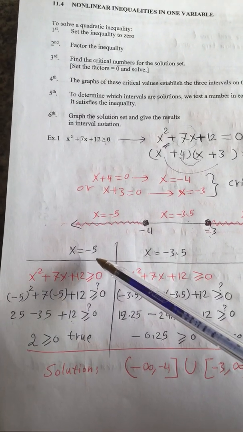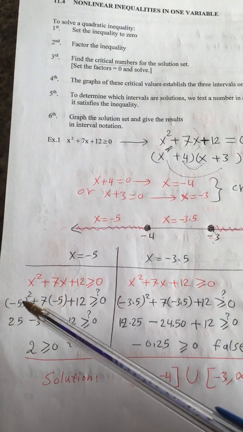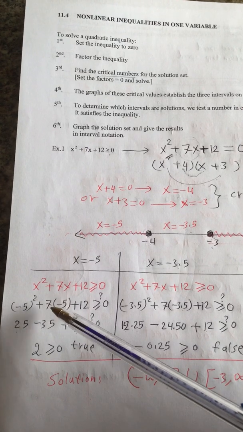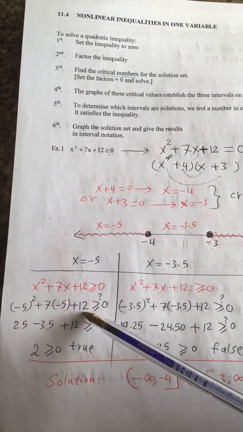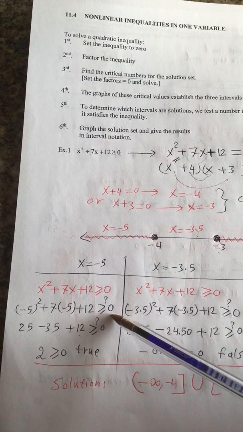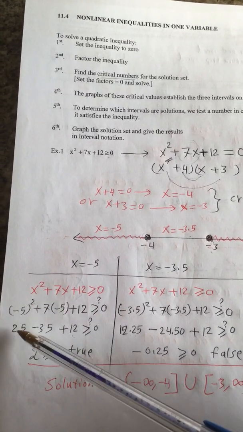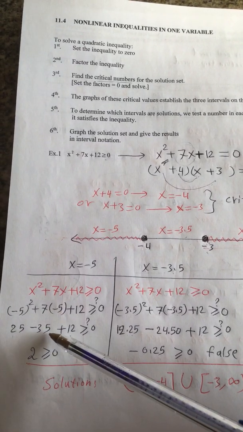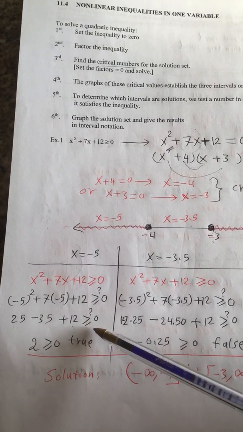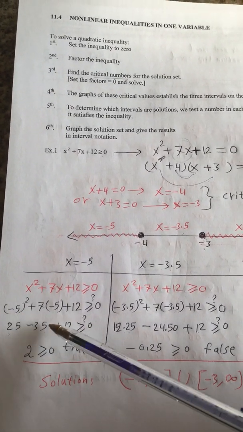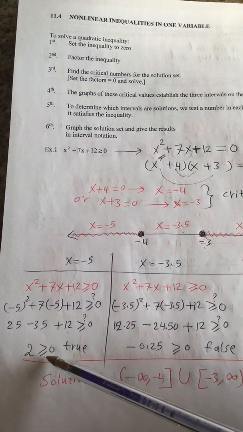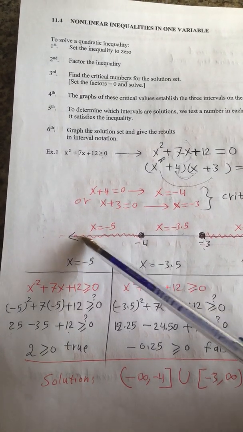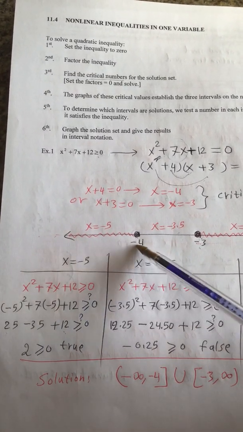Substitute x equals negative 5: negative 5 squared plus 7 times negative 5 plus 12. Is it greater than or equal to 0? Negative 5 squared is positive 25. 7 times negative 5 is negative 35, plus 12. Simplify, and we get 2. Is 2 greater than or equal to 0? Yes.